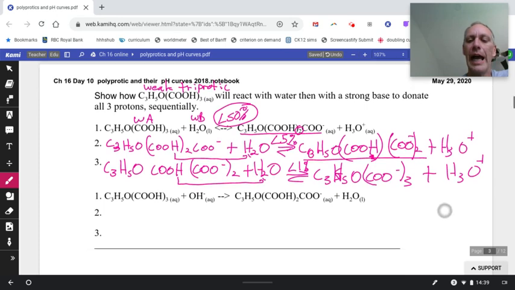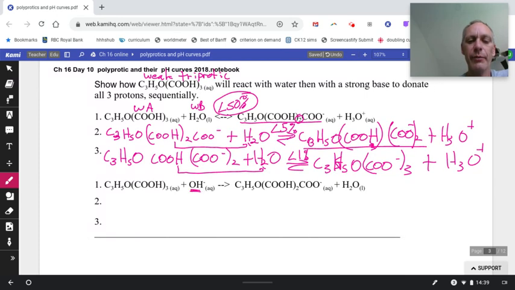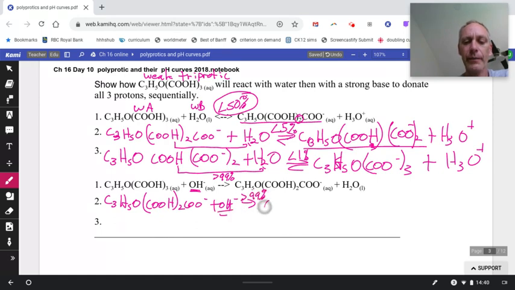Okay, how would this change if we used a strong base? If we used a strong base, you would get a complete reaction. Now the next ones are going to look the same. Let's see how fast I can write this out. They're going to look just like the top ones, except every one of these is quantitative because of that strong base.